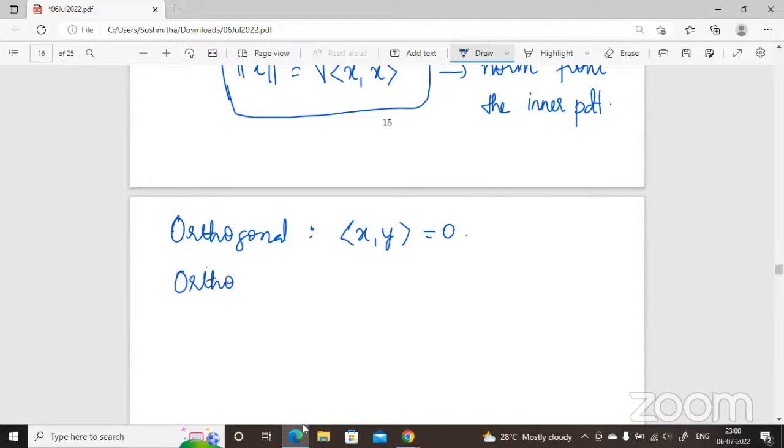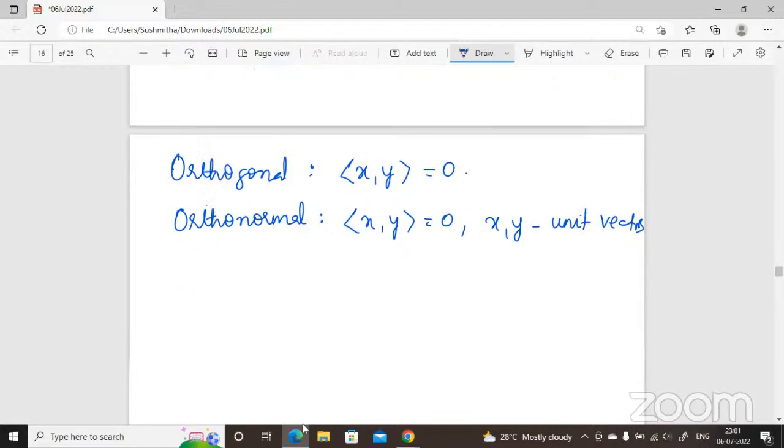And any set of vectors is orthonormal if they are orthogonal and are unit vectors. How do you get unit vectors? By dividing by the norm. This is always a unit vector. If you have a vector which is not a unit vector and want to convert it into one, just divide by its norm.